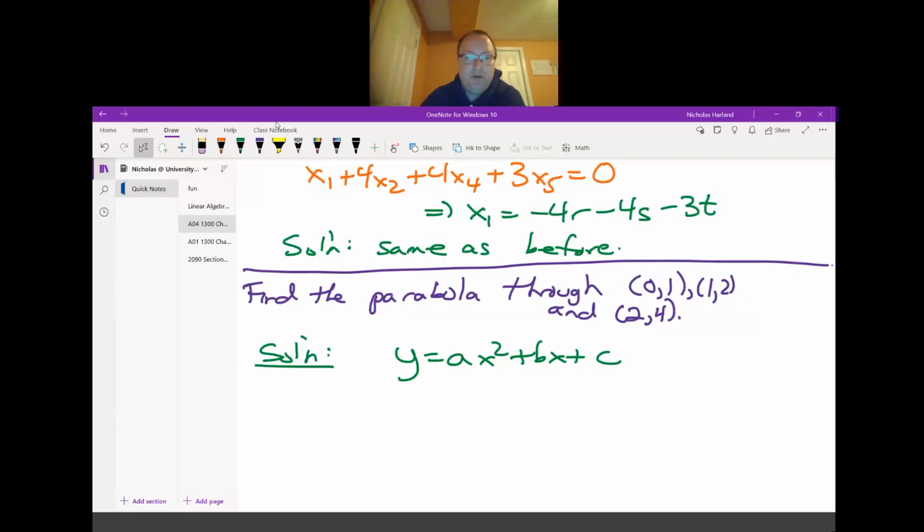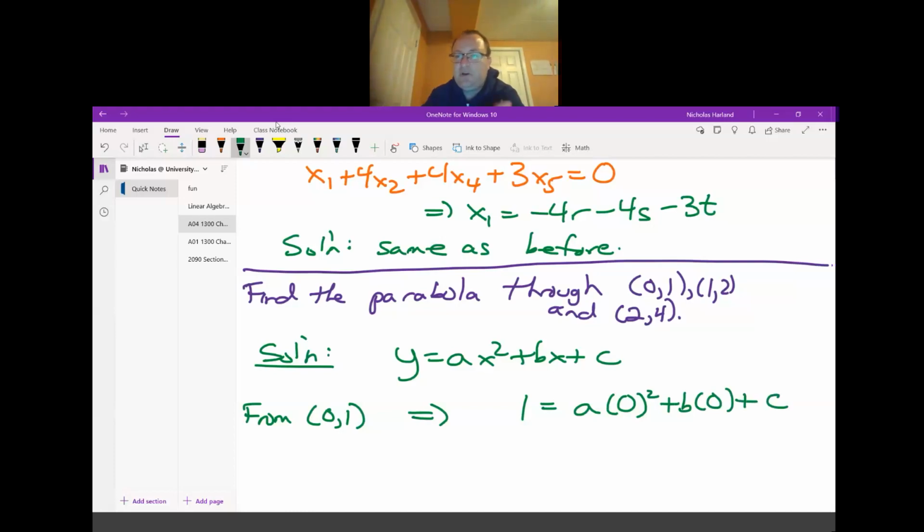So how do we solve for a, b, and c? We're going to plug in the points. From the point 0, 1, what equation do we get? So y is equal to 1 and x is equal to 0. Even though it might seem silly to write it with all the zeros, we get this equation right here.